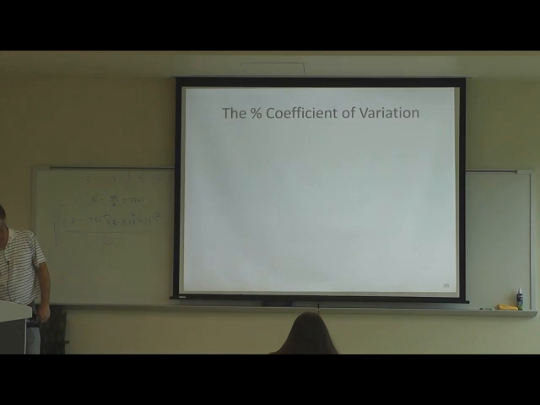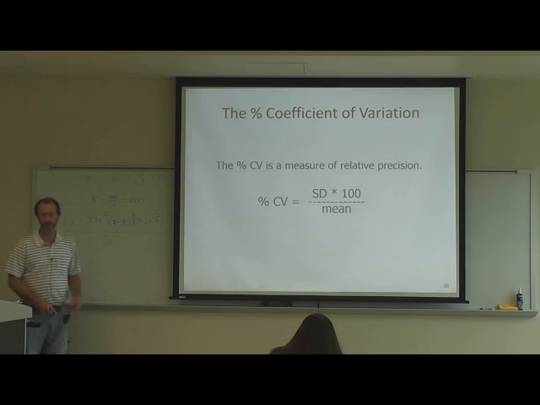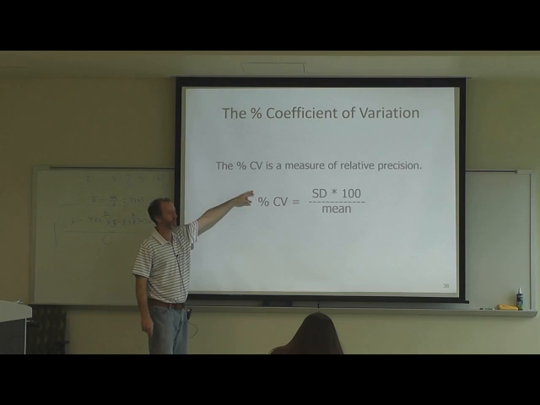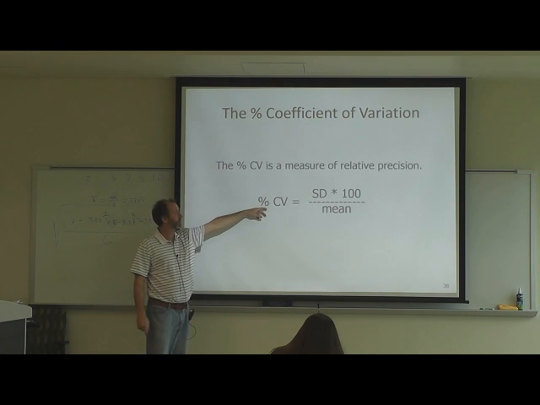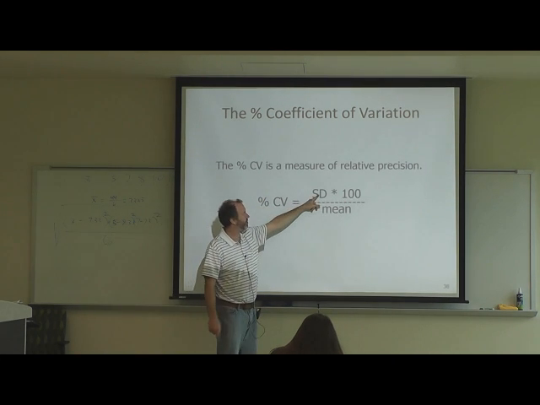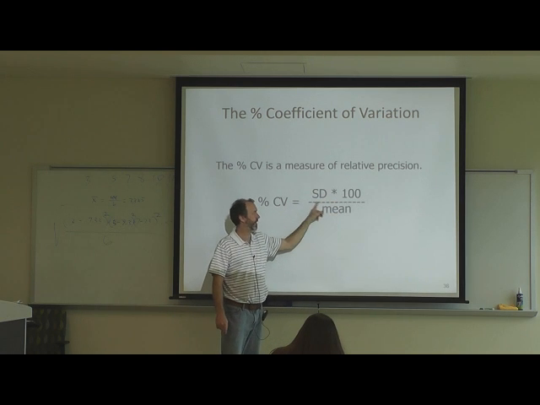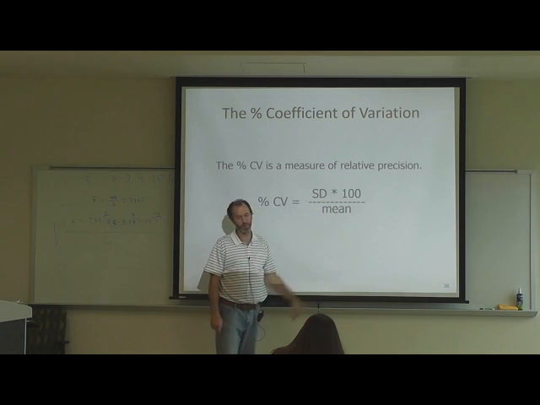Anybody know what the coefficient of variation is? And why would it be important in a lab type setting? So basically, it's a measure of relative precision, right? So percent CV, you have your standard deviation times 100 divided by the mean.